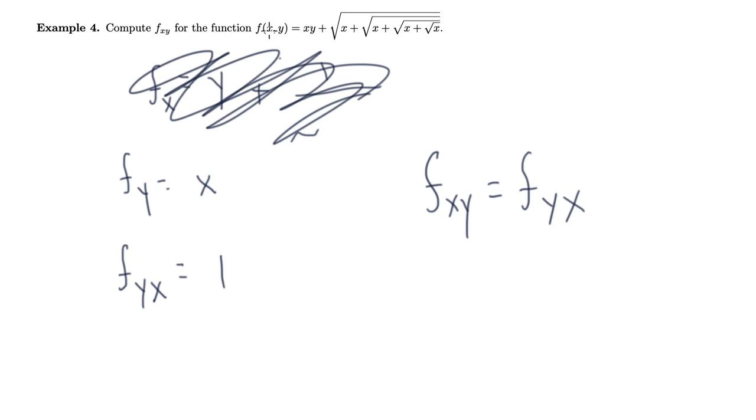But I can just see that this is an algebraic function. So it is a continuous function, and any of its derivatives are going to be continuous wherever they're defined. So therefore, this derivative with respect to y, then the derivative with respect to x is going to equal what we're looking for, which is 1 in this case.